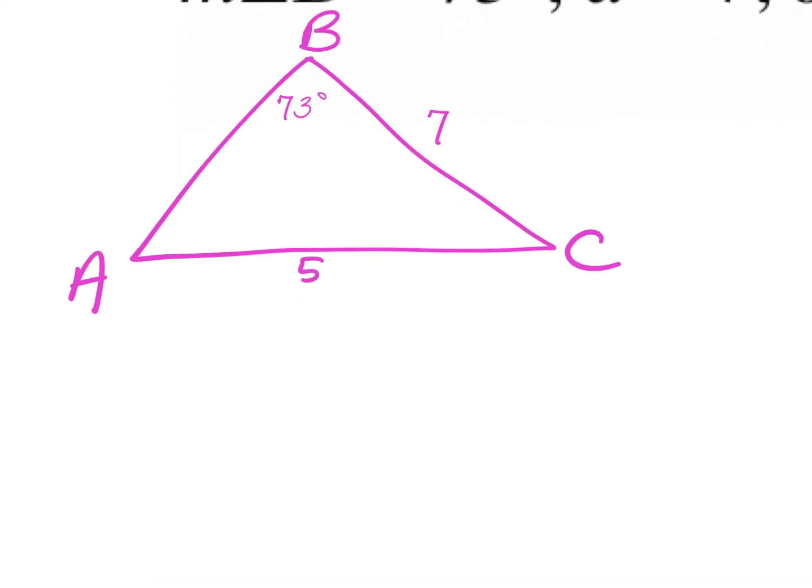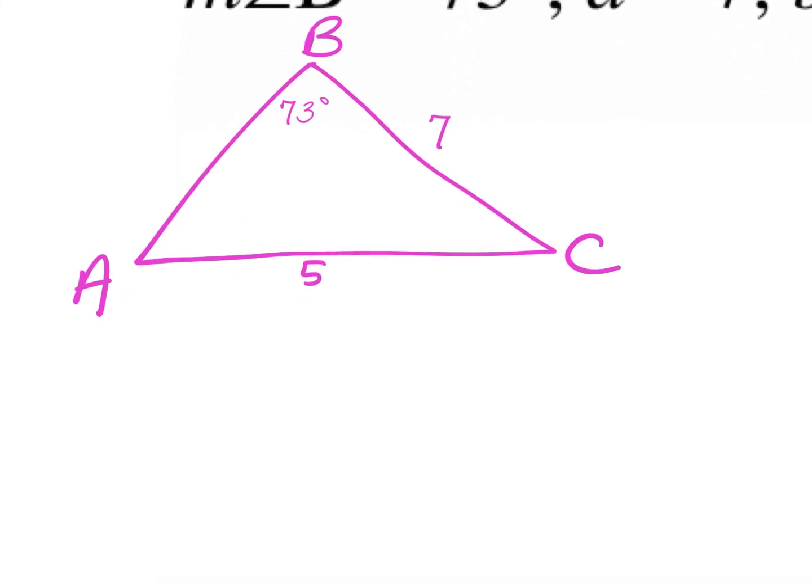Do I have a law of sines proportion that I can start off with, though? Do I have a side length and its corresponding angle measure? Yes or no? Yes. I have sine of 73 over 5. Angle B over side B. So now you guys can find whatever you want.